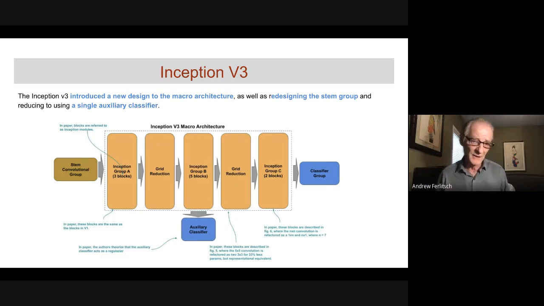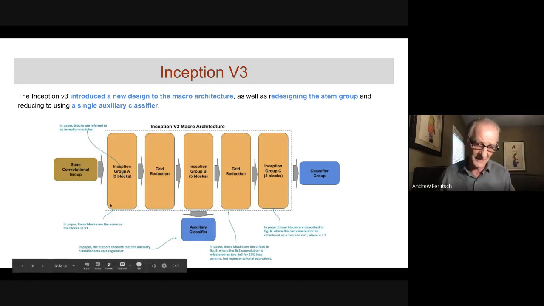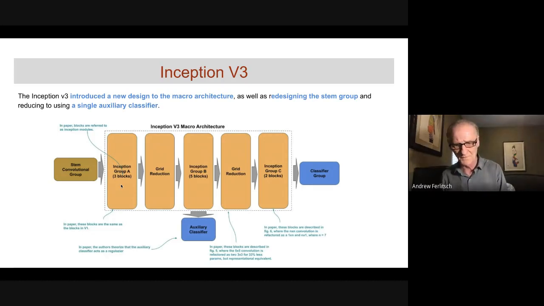But here, in V1 and V2, all your groups and the corresponding blocks use the same type of Inception module. Well, in V3, they changed it. So group 1 uses the original Inception modules, group 2 uses a different type of Inception module, and group 3 uses yet another type. And between them, they introduced a new concept called grid reduction, which were modules that reduce the size of the feature map.